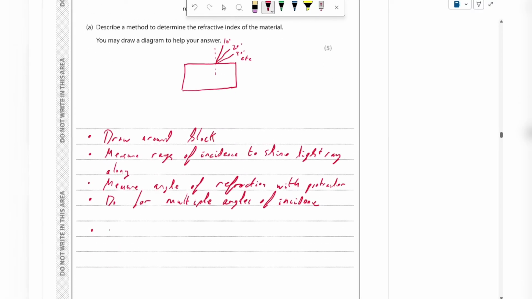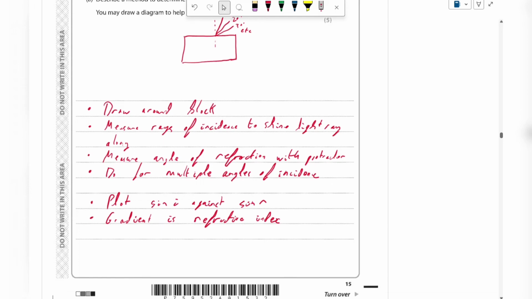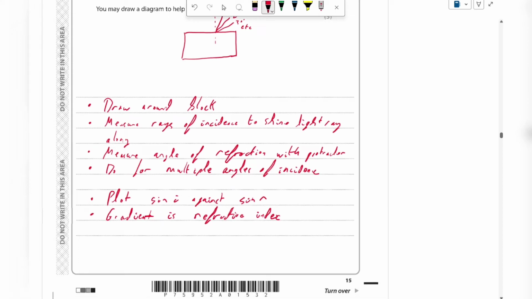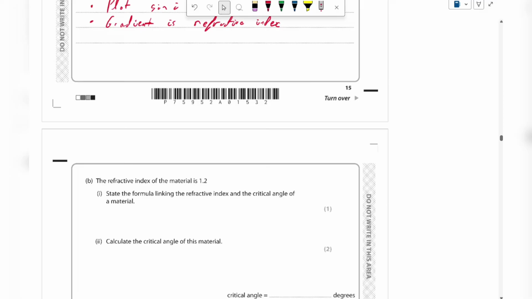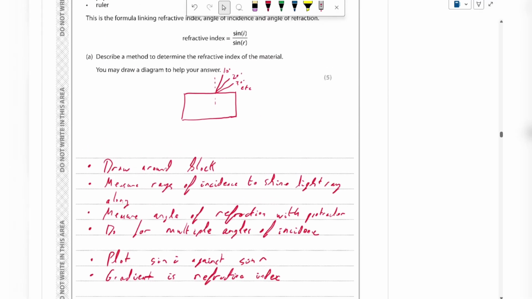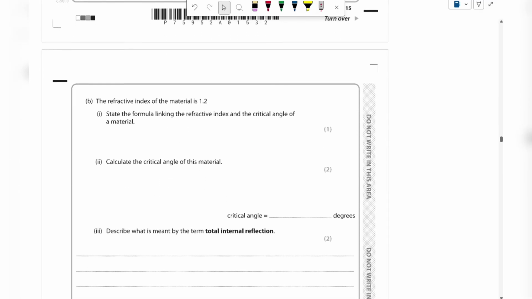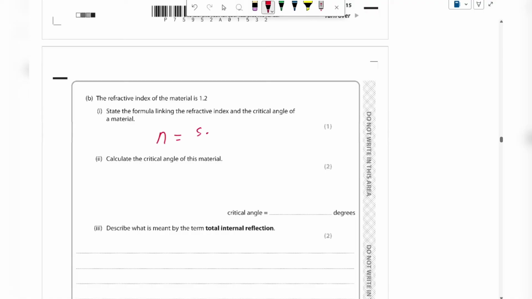So I was going to say that, but I'm going to say do a graph of plots sin i against sin r, and then I'm going to say the gradient is refractive index, or 1 over the gradient, depending on which way around you plot your axes. Something like that. I've said 6 points. Hopefully I've got my 5 marks there. Right, weird question is because they tell me the equation there and then they ask for it, but that's okay.